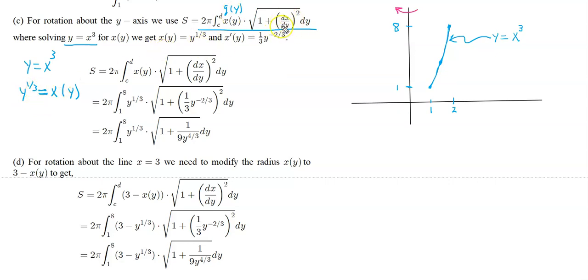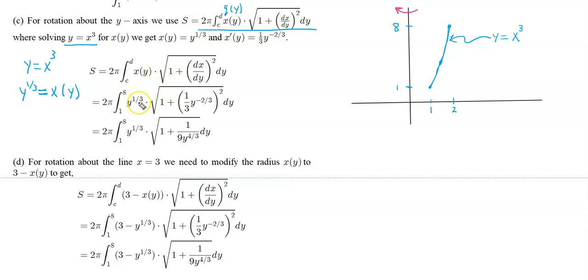Now we need to take the derivative of that and plug it right in here. So notice the derivative of y to the 1/3 is 1/3 y to the -2/3 power when we differentiate this with respect to y. And now we just need to plug everything in this formula up here.